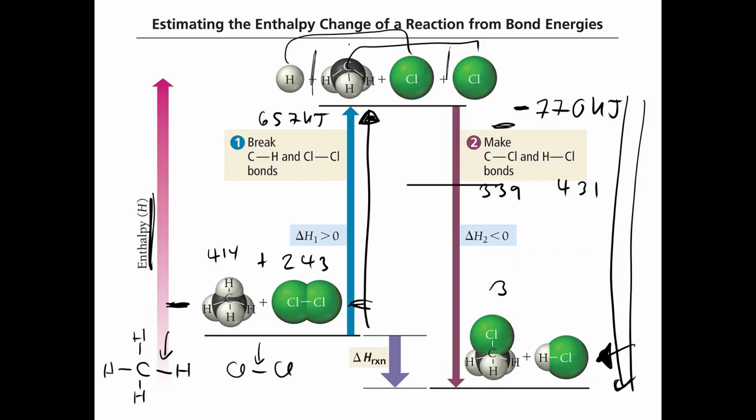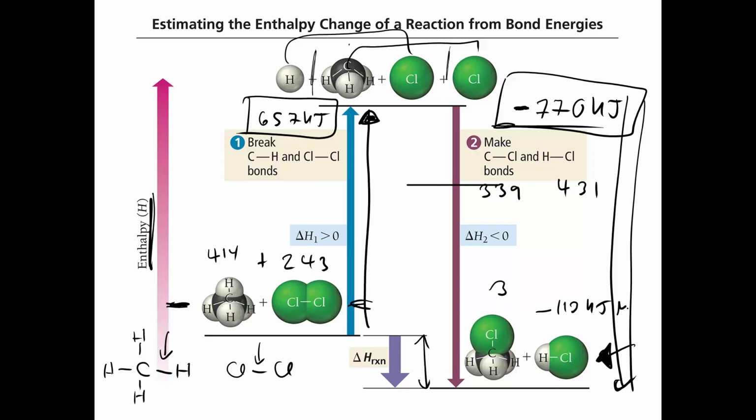And if you add the bond energy of the bonds broken to the bond energy of the bonds formed, a negative value, you can actually get the delta H of the reaction, which is just this little blip here, right? So the difference here is minus 113 kilojoules per mole. That would be the delta H for the reaction.